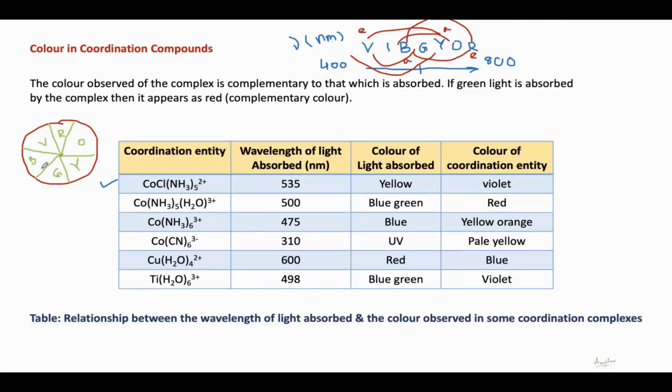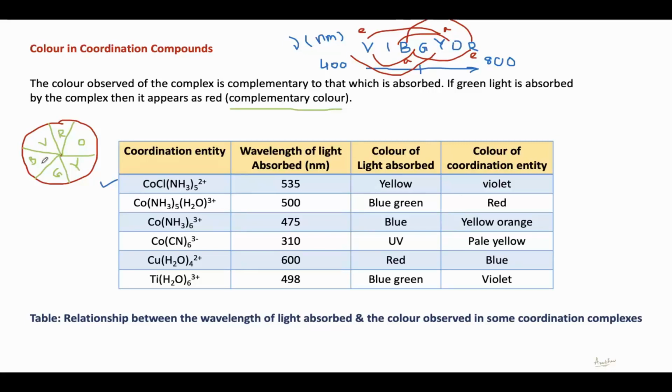We are having blue-green. Now opposite to blue-green, it is reddish-orange. That's why the color is actually red. So depending upon the wavelength of the light that is absorbed, the opposite will be emitted. That's why the complementary color system is written here. The color absorbed by the coordination entity, the opposite or complementary will be emitted.